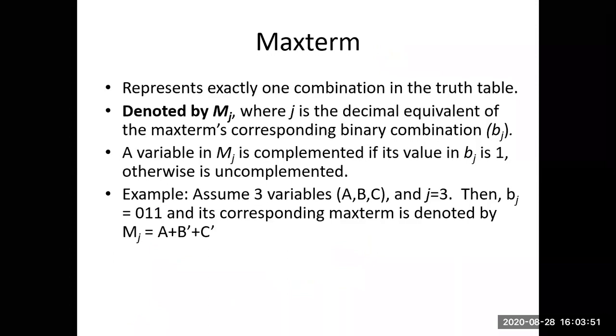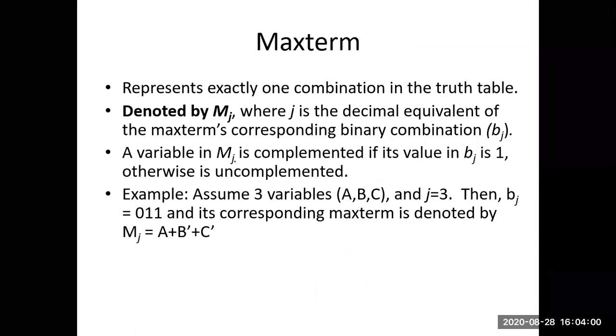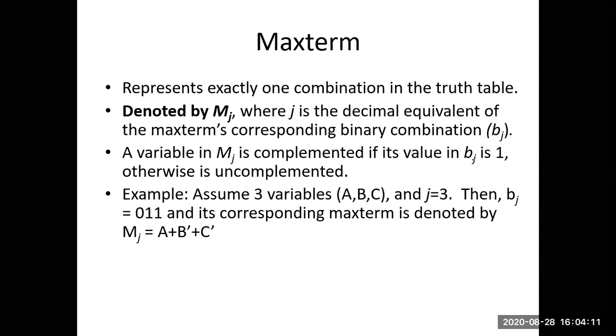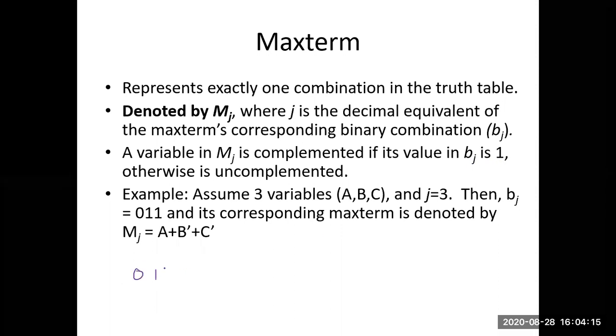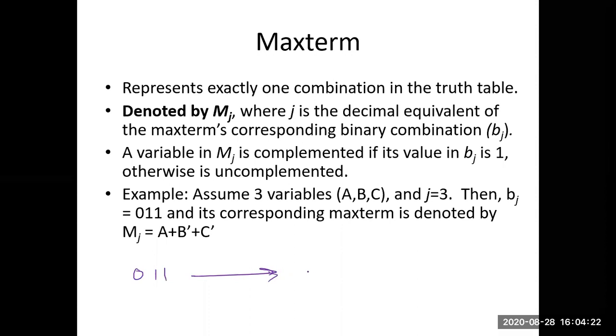In the maxterm, you need to write in the form of a summation, and the change is that a variable is complemented if its binary value is 1. For example, you want to write 0, 1, 1 in terms of maxterm.